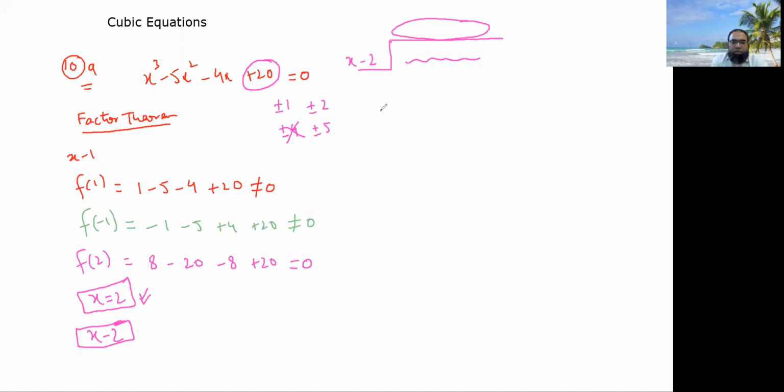The second method is to assume that x minus 2 times the quadratic expression ax squared plus bx plus c equals x cubed minus 5x squared minus 4x plus 20. You can find this by comparing the coefficients. You will learn this method again when you do partial fractions, and it is really a long method, so I'll not be going for this.